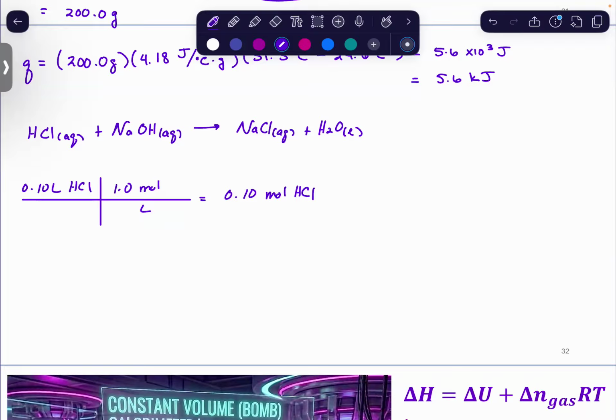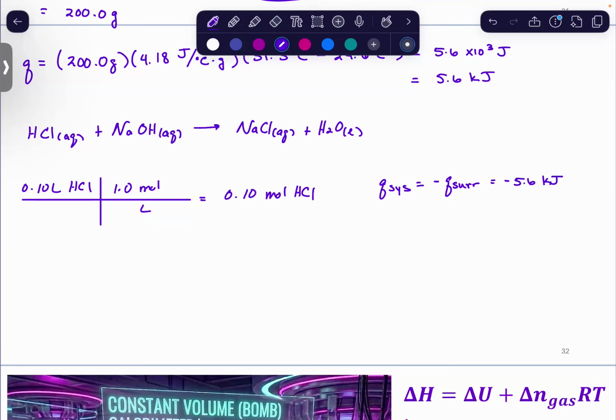Okay, so of course we remember that the Q of our system equals the negative Q of our surroundings. We were only able to measure the surroundings. And so this means that the heat energy of our system is a negative 5.6 kilojoules of energy expended.